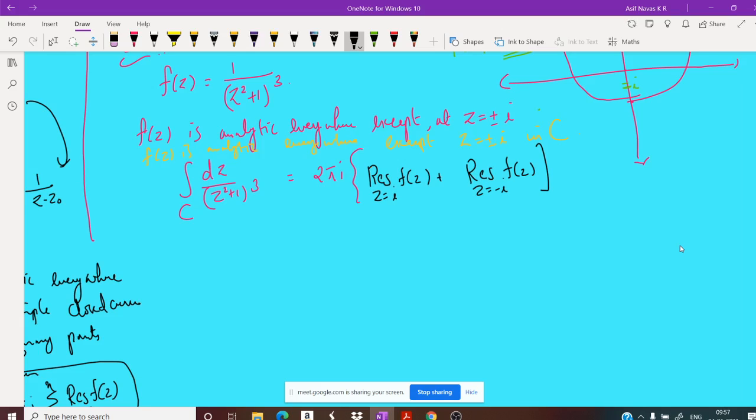Is this about what type of singularity? f of z is equal to 1 by z minus i into z plus i all cube. So what type of singularity is this? Is it a pole? If it is a pole, then what is its order? Anybody?